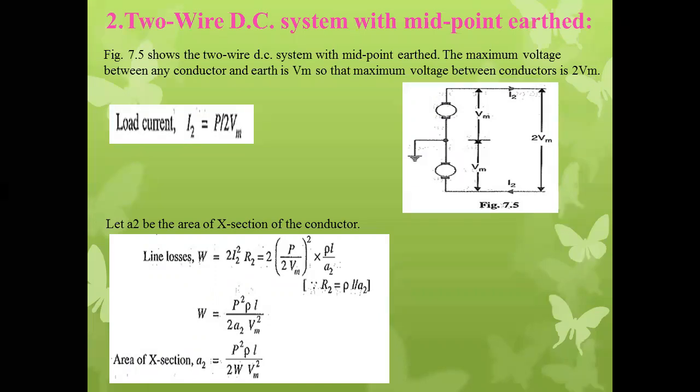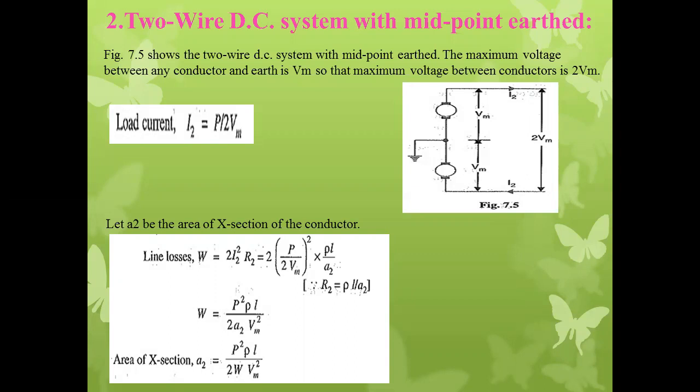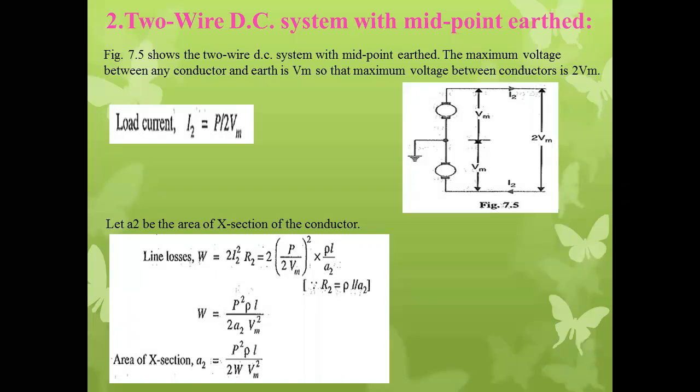If we compare these two areas, it is found that the area cross section of the two wire DC system with one conductor earth is greater than that of the two wire DC system with the midpoint earth.